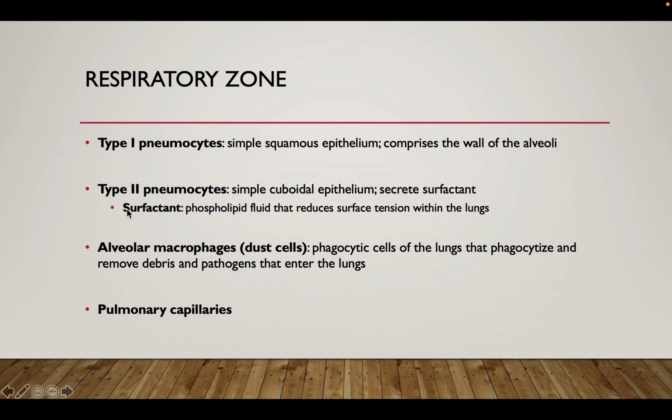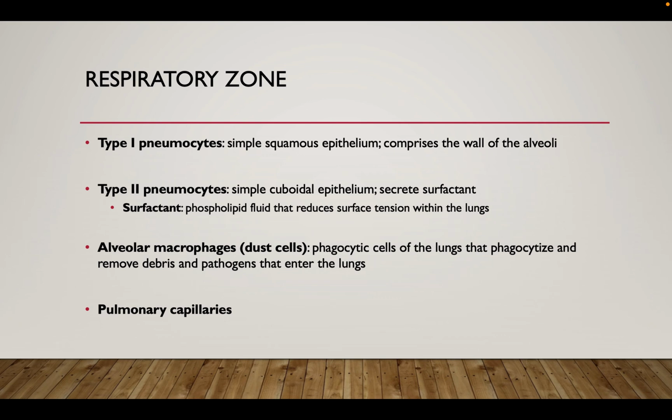Now, this comes into play when you talk about premature infants, infants who are born prematurely. Their lungs have not developed to the point of having type 2 pneumocytes present. So if they don't have type 2 pneumocytes present, what will they not have? Well, they won't have any surfactant.